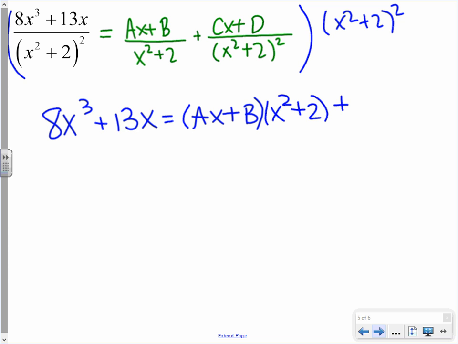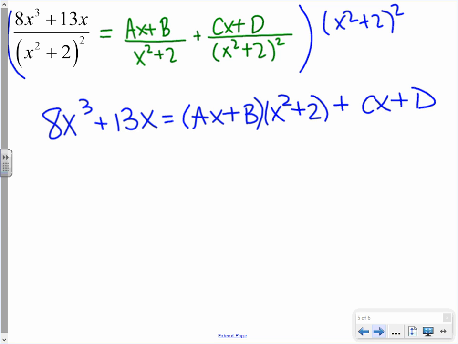But in the last fraction, all of the denominator canceled, and we're just left with cx plus d. All right, since we have quadratic factors, our only option is to do the method from before where we compare coefficients. That's what I like to call it.